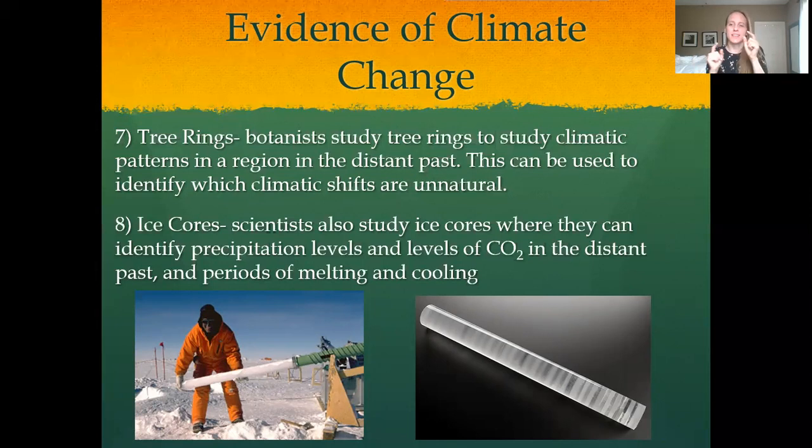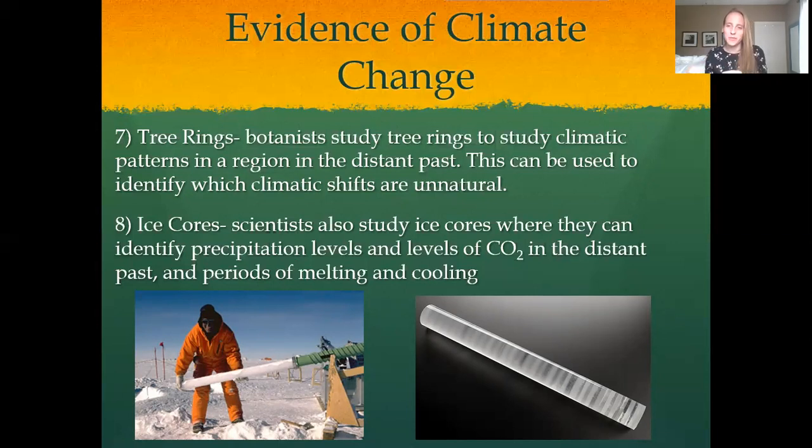And so they can count from the top down through all of the different years, and then they drill into one of those years and take out a sample of ice. And from that sample, they can see how much carbon dioxide, how much methane, how much oxygen was in the air at that time, based on what gas bubbles are trapped in the ice for that year section.